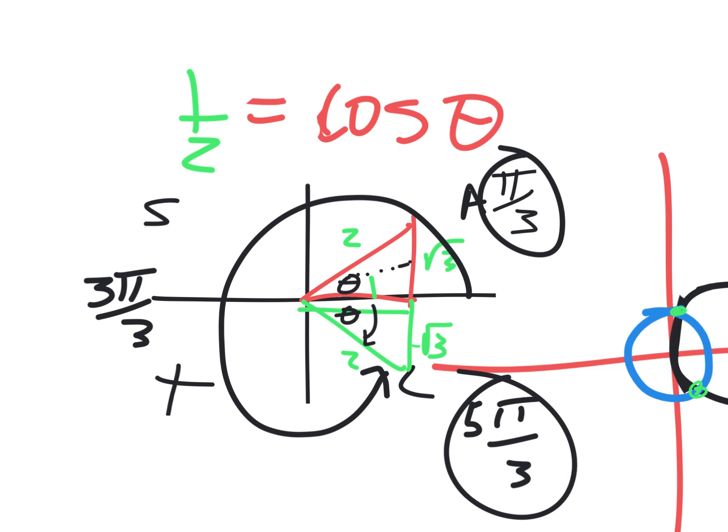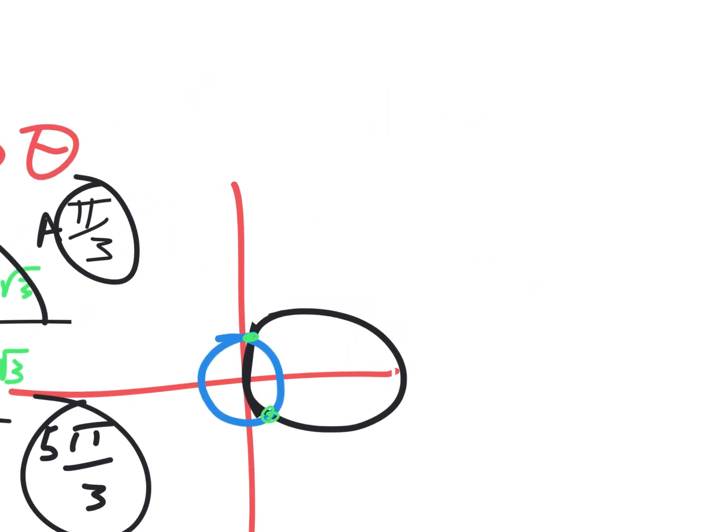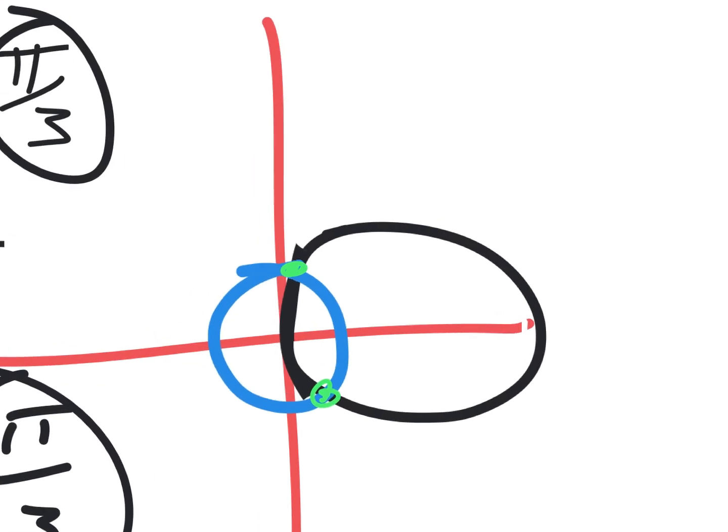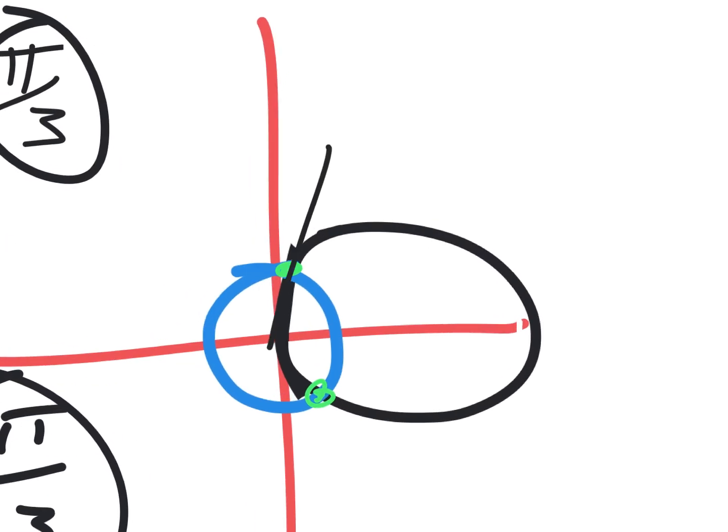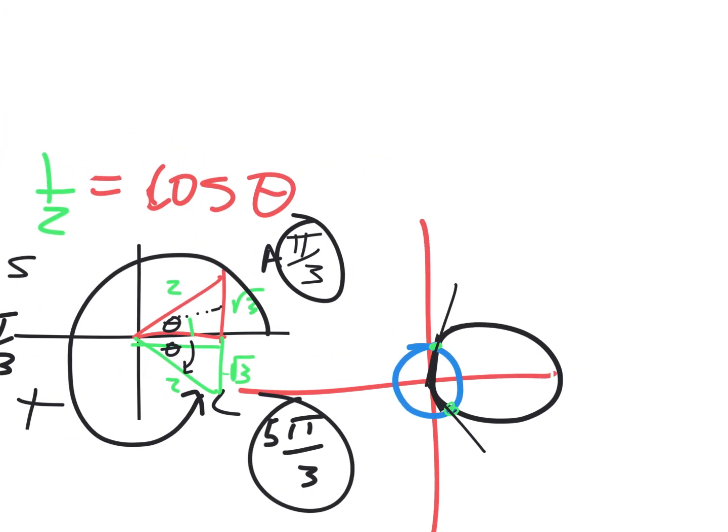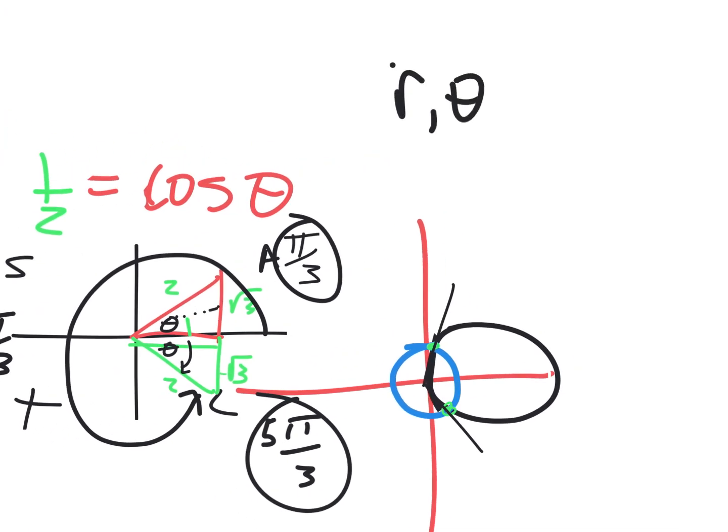Now, I want to challenge you on that for a second because I get a lot of people had that. Here's your pi over 3 one. It goes up like that at pi over 3. And here's your 5 pi over 3 one. But isn't it supposed to be a point? Did anybody answer with an r comma theta, and therefore a radius of, well, it was in the problem.